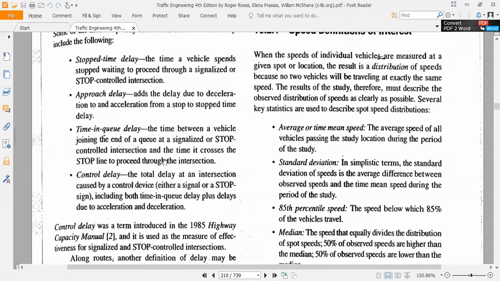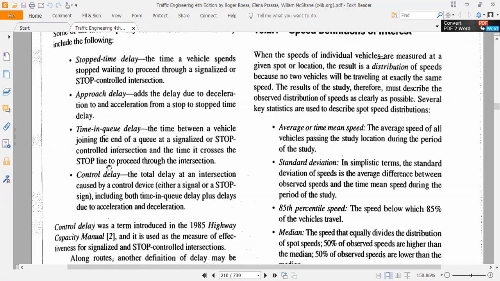So the time between when he joins the queue and when he crosses the stop point to proceed through the intersection.